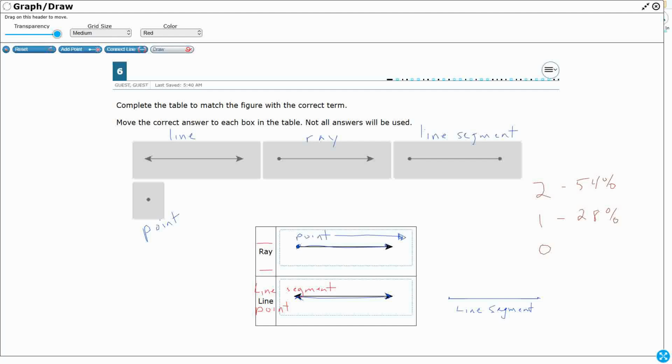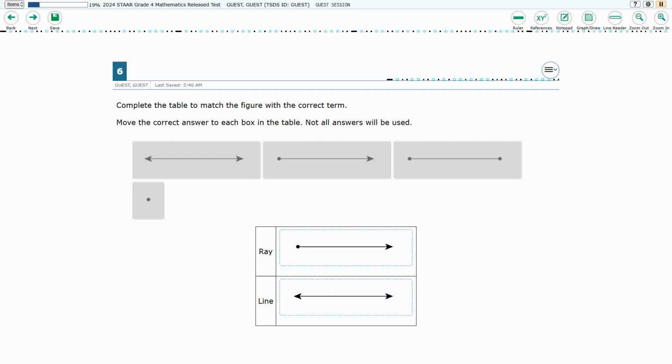So if we take half of our 28, that's 14, and add it to the 54, we can say overall 68% of our students got this correct. So that's really good. This is the 5th easiest. So we're starting the test with some pretty easy items, which means the difficult ones come up later. So let's look at our next item.